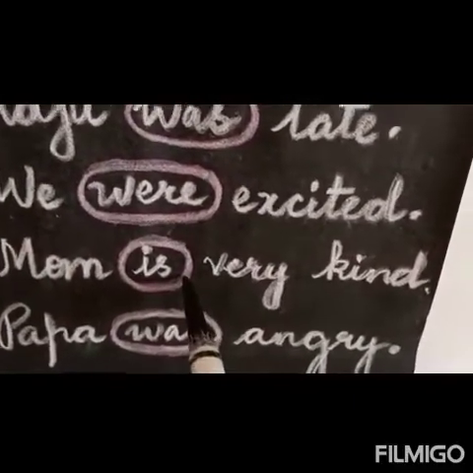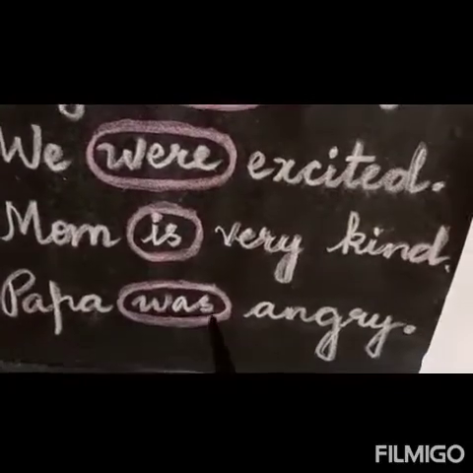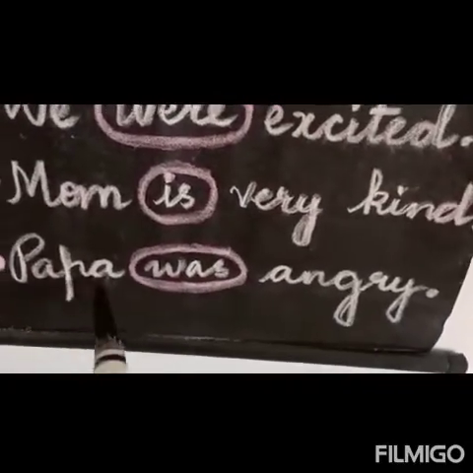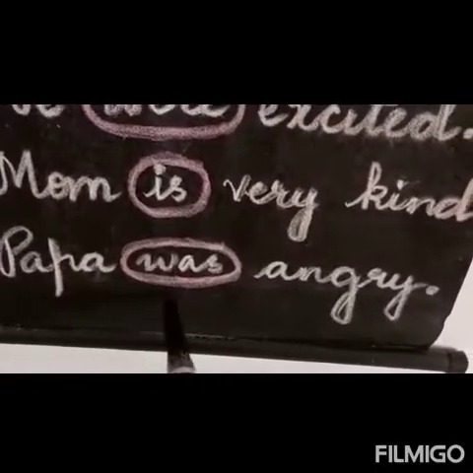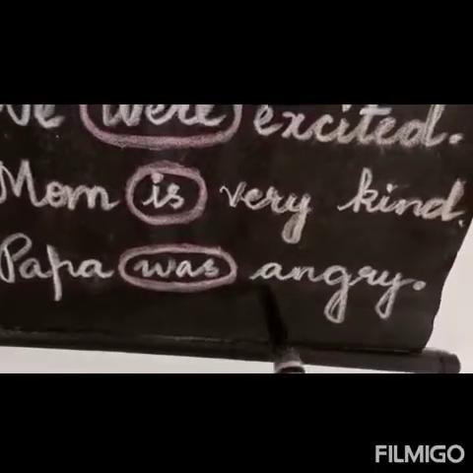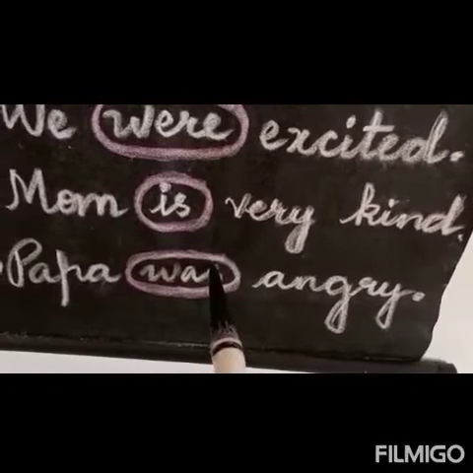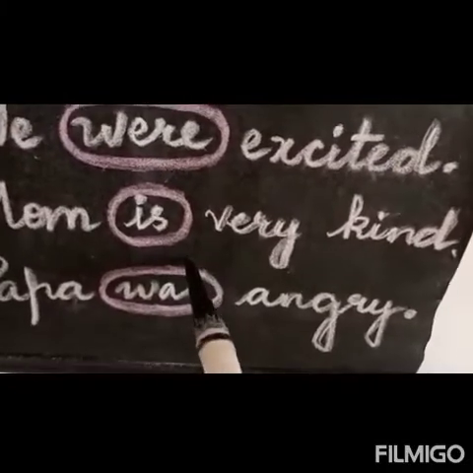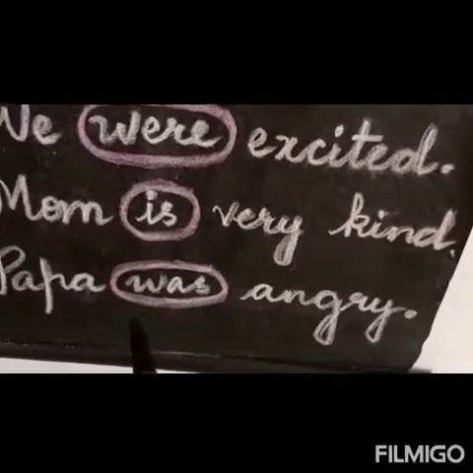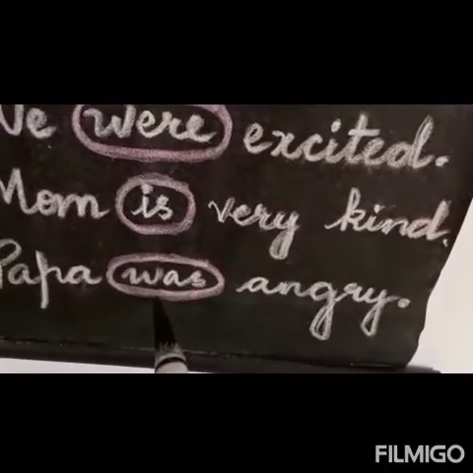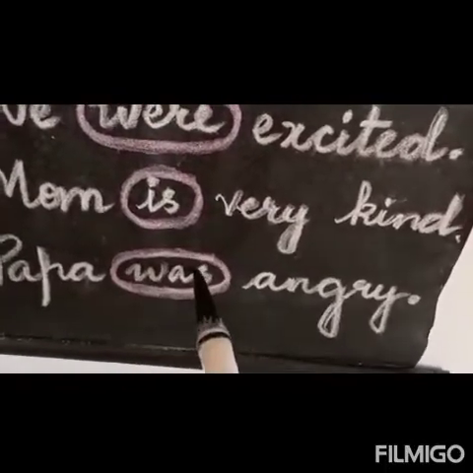Verb of being. Papa was angry. Now you see in this sentence, is there any activity? Is there any action? No, but still there is a verb in this sentence and you can identify that was is the verb because it is not showing the action, it is showing the state. So here was is the verb of being.